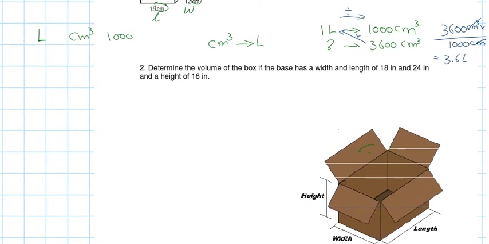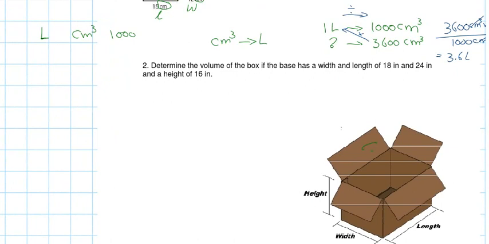Determine the volume of the box if the base has a width and length of 18 inches and 24 inches and a height of 16. Same thing. The volume is length times width times height. Does it matter which one is length and which is width?